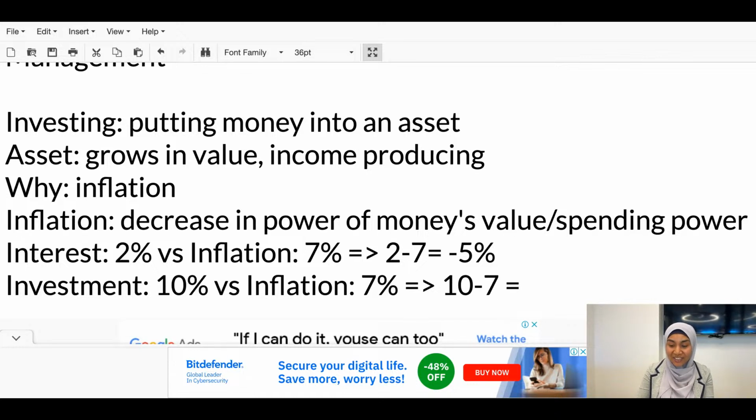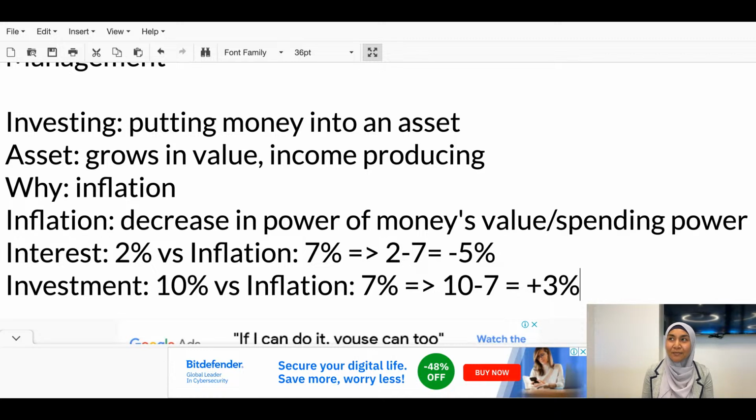So we're actually in the green, as people talk about in that money world. We are actually +3%. So what that means is in a year's time, the value of our money has actually grown, even in spite of inflation.